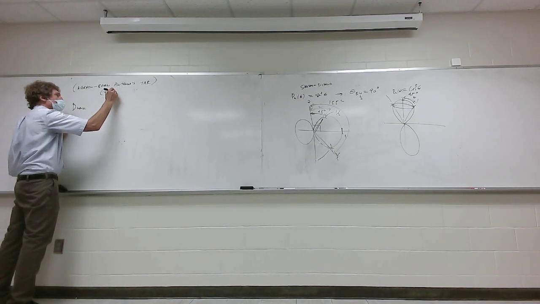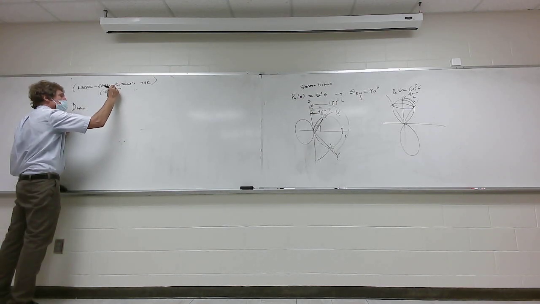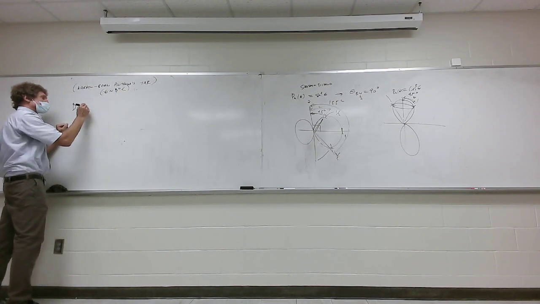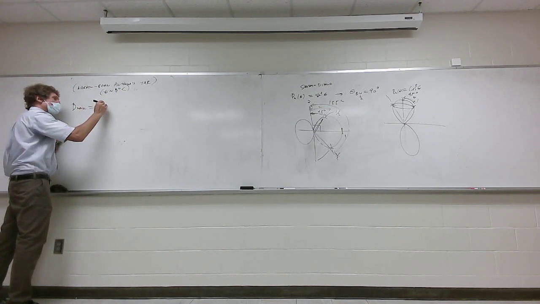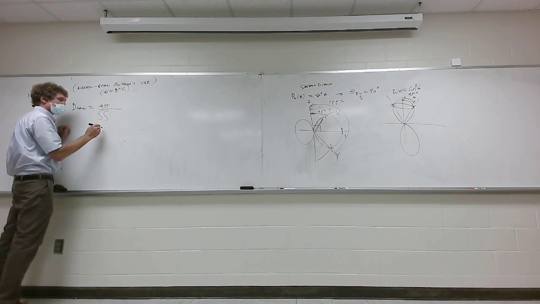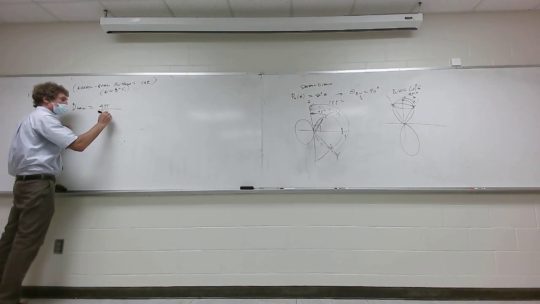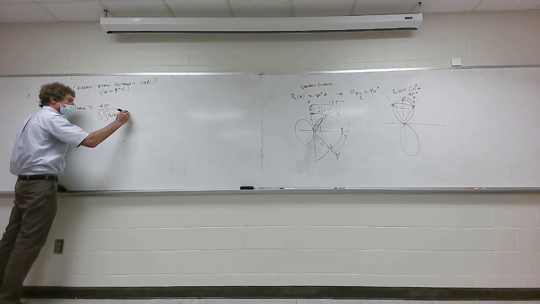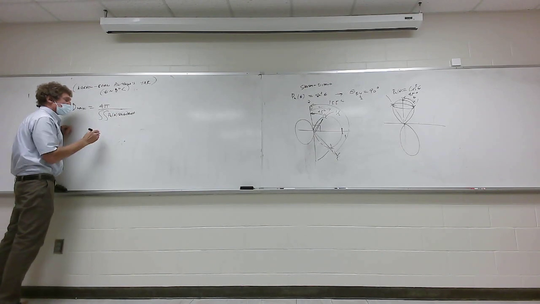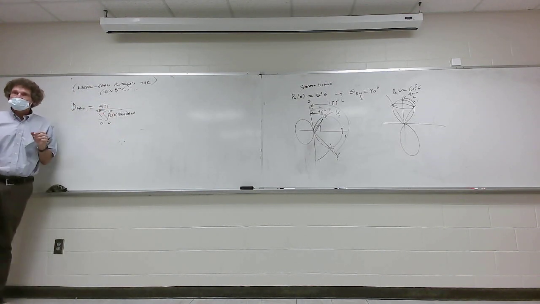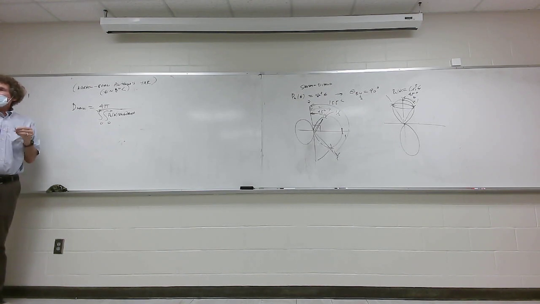Theta of the order of 5 degrees or less, and this calculation would be in radians. D max would be 4 pi over the integral of the normalized power density times the sine of theta times d theta d phi, where theta goes from 0 to pi and phi goes from 0 to 2 pi. Do y'all remember that? That's just the definition of D max for an antenna.